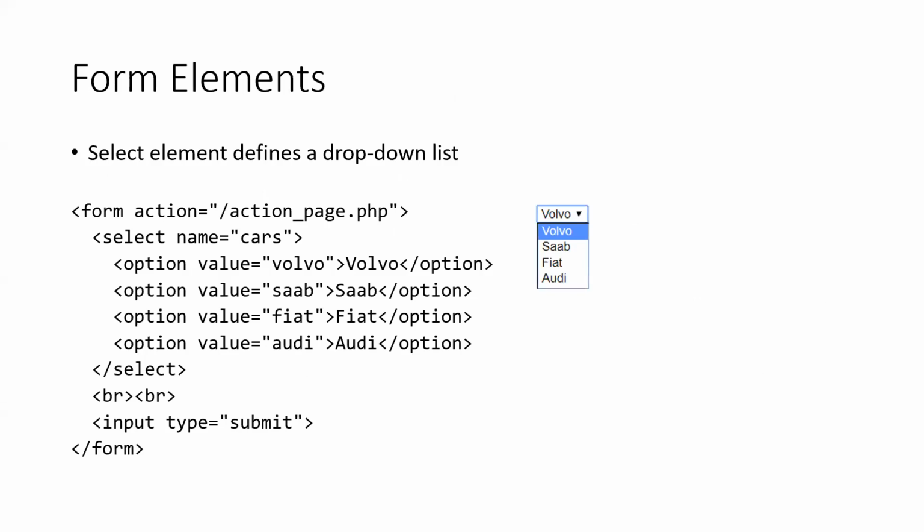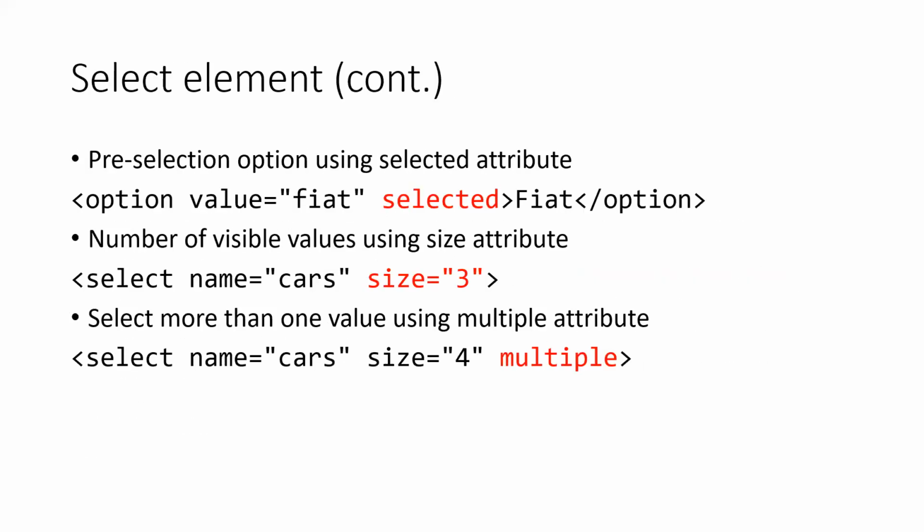Again, another example, a drop-down. Like earlier, you can make a selection. In this particular case, we are trying to select a car, and we have 4 types of cars, Volvo, Saab, Fiat, and Audi, and then the users are supposed to select one of them. Right. Then there are other miscellaneous ones, a pre-selection option using the selected attribute.